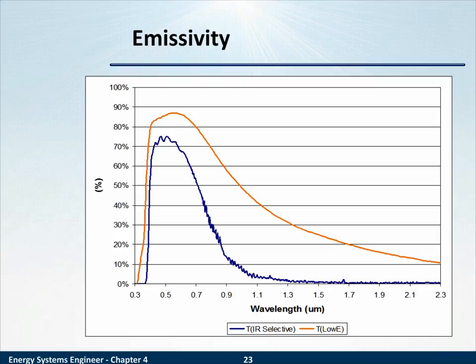Compare that to, in this infrared selective film, the blue line, you can see that in the short wavelength infrared, which is not the heat you generate in your house in the winter, it's the heat that comes through your windows in the summer, you can see the transmission of that infrared from 0.7 to 1.5 microns. That transmission is much lower. Pay attention to this graph.